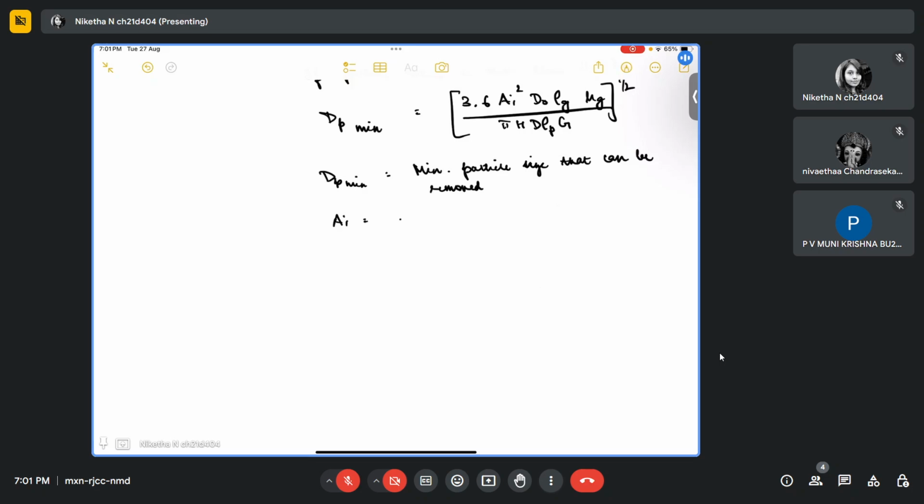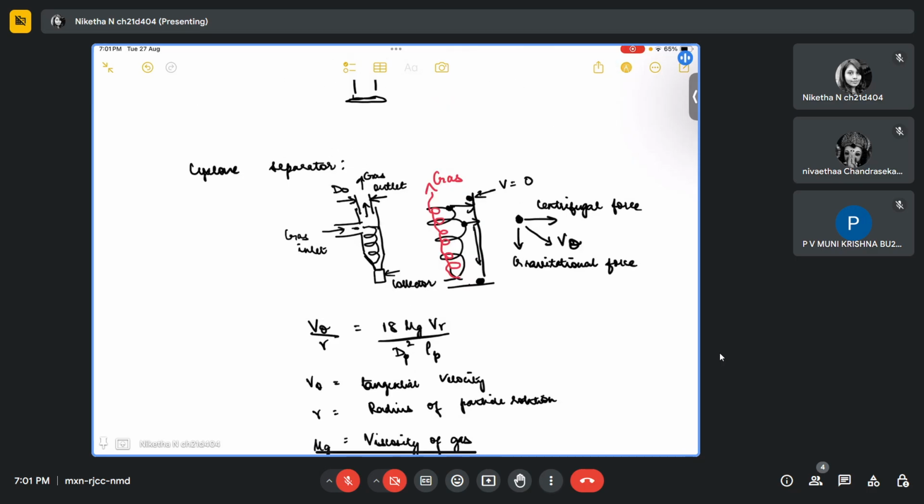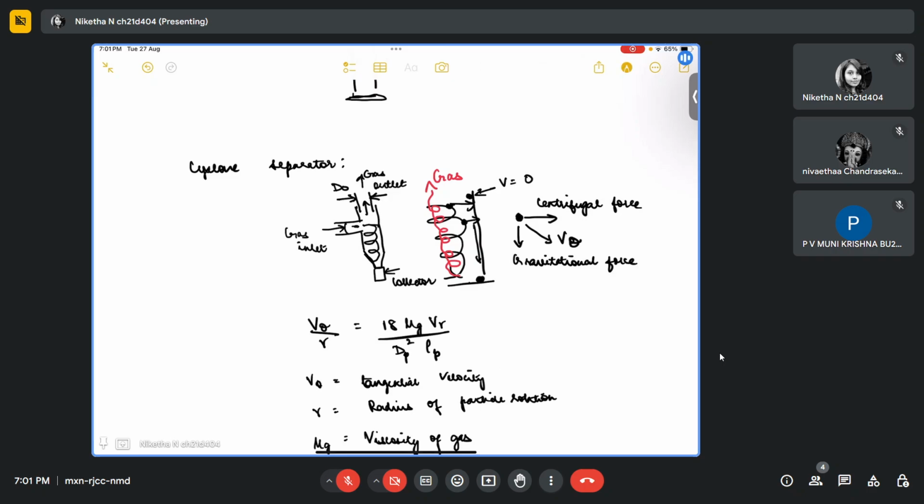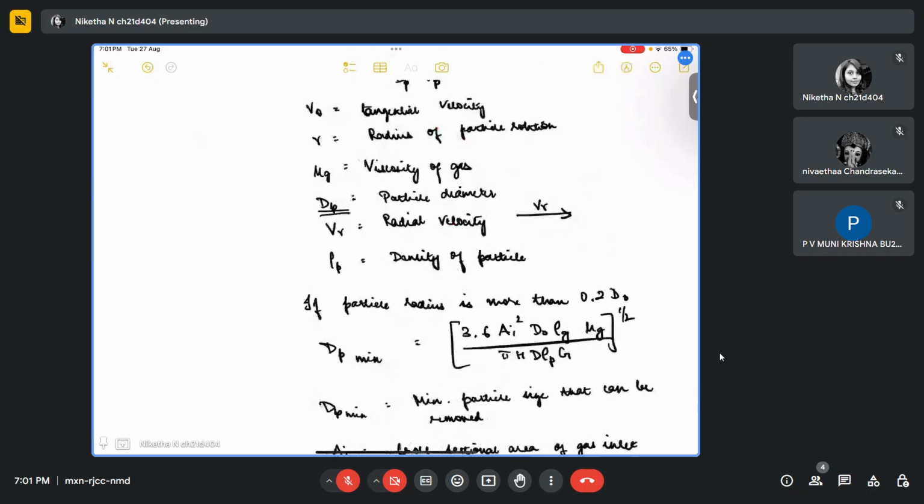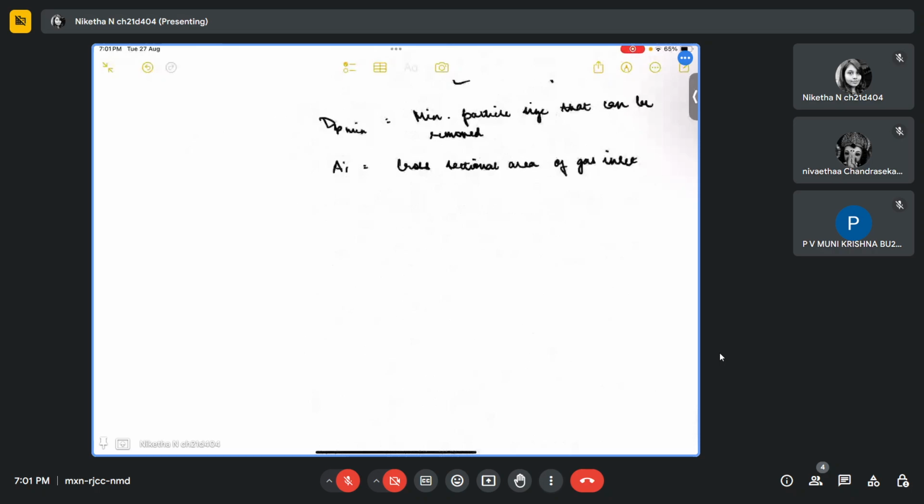And ai is the cross-sectional area of the gas inlet, which is this gas inlet, right? So whatever cross-sectional area you have here, that is ai. And d0 is the outlet diameter.